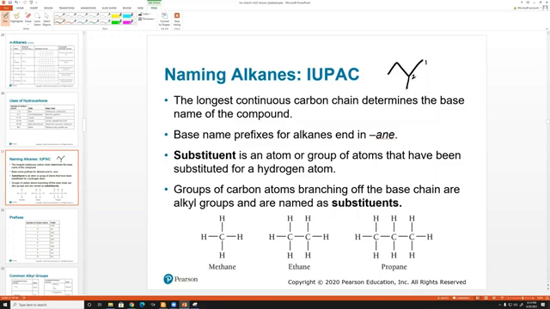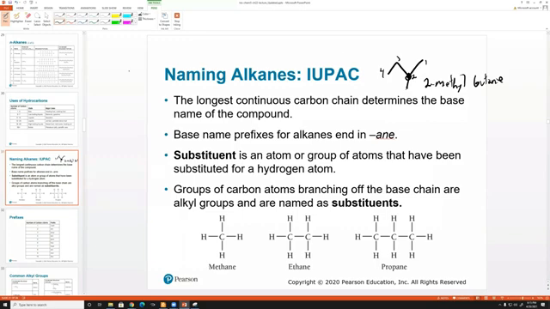So it'd be 1, 2, 3, 4, meaning it's butane, and the substituent is at position 2. What is that substituent? It's just a CH3. If you remember the shorthand stick diagram from last week, this is only a methyl. So it would be 2-methyl, because 2 is the position and methyl is what occurs at the position, and then the rest of the longest chain, which is 1, 2, 3, 4. So 2-methylbutane.